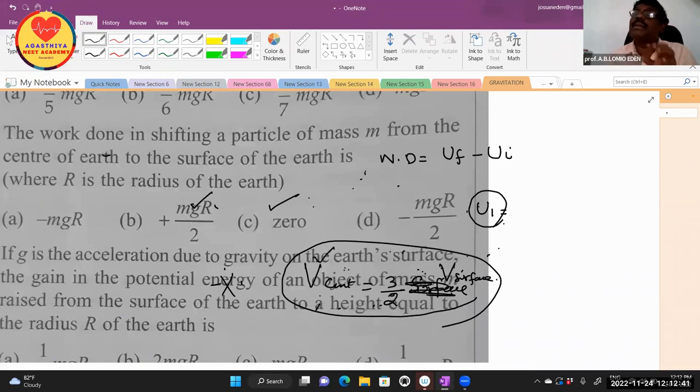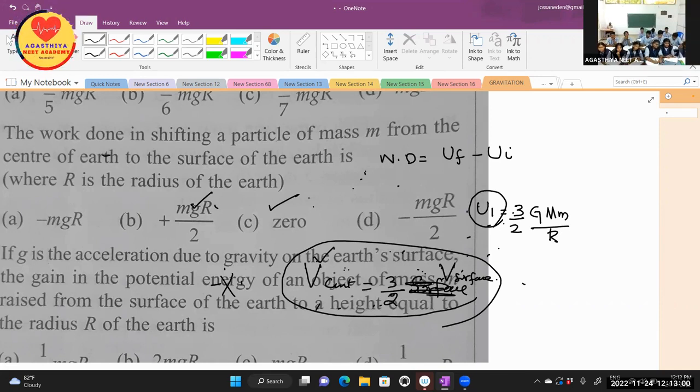When V is multiplied with the corresponding mass, it will be the gravitational potential energy. Therefore, 3/2 capital G, capital M, small m divided by R. Correct?